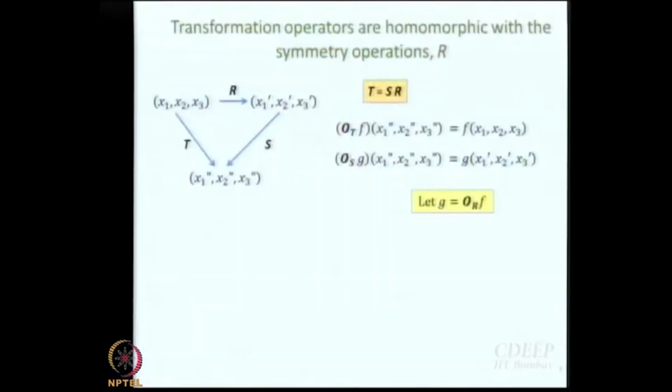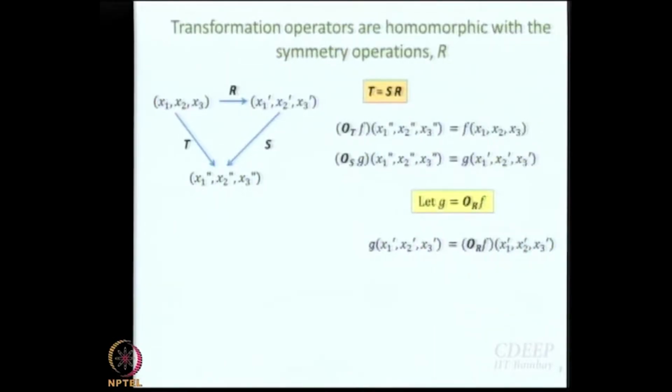So now let us say G equal to ORF. We are transforming the coordinates so far, now we are transforming the functions. Let us say G equal to ORF. Will you agree with me on this now? I have just written ORF in place of G in the same coordinate system.